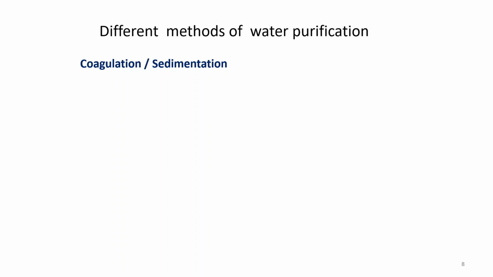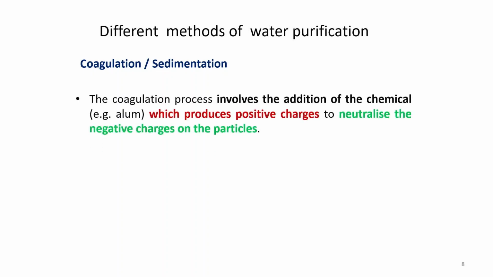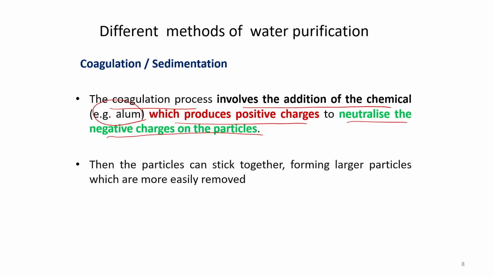First, coagulation and sedimentation. The coagulation process actually involves the addition of a chemical. We add one chemical in the coagulation, typically alum, which produces positive charges and neutralizes the negative charges of the particles. Okay.